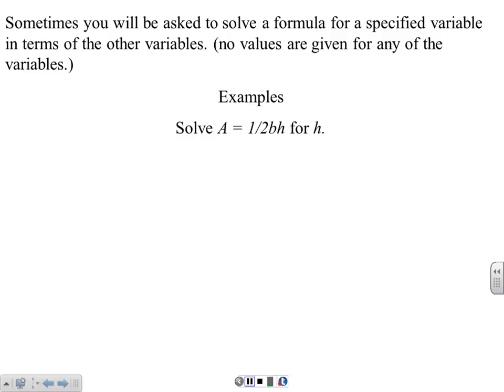So to do that, like we did previously, I want to get rid of that fraction first. So I'm going to multiply everything in the equation by 2. So we're going to have 2a is equal to, and if I multiply 2 times 1/2 bh, the 2 and the 1/2 cancel out to 1, and I'm just left with bh.